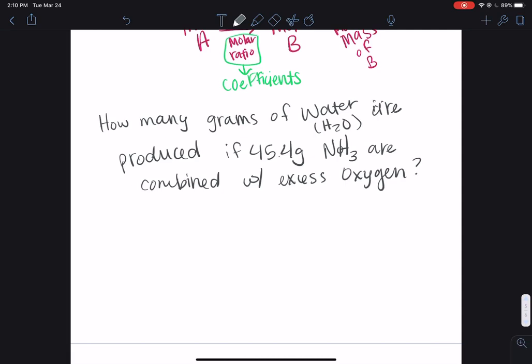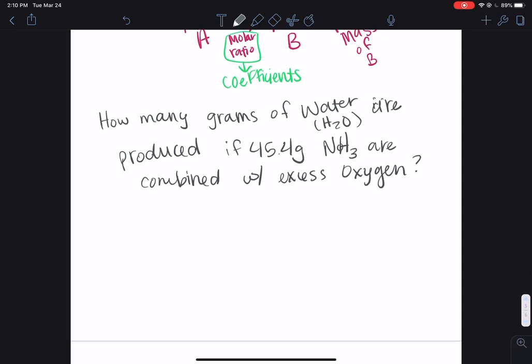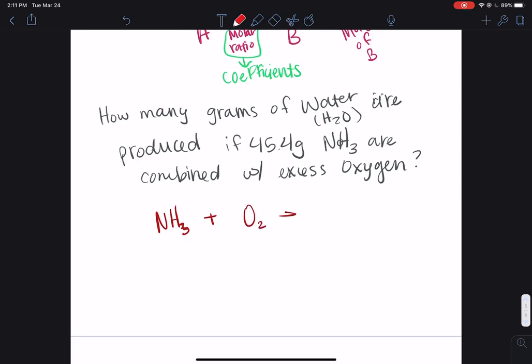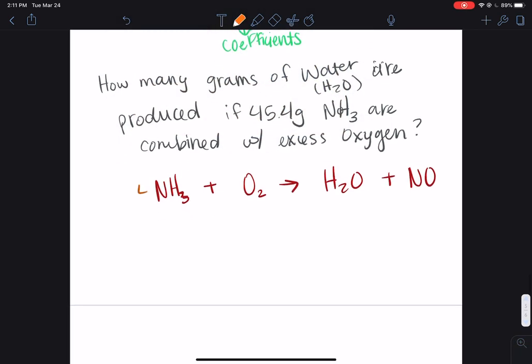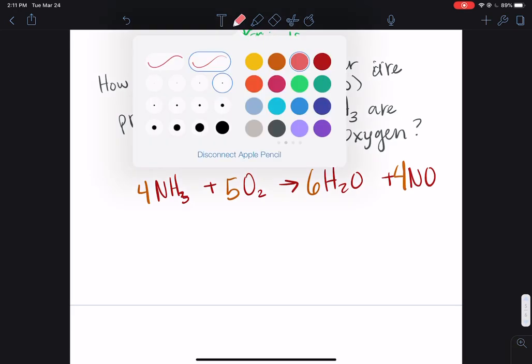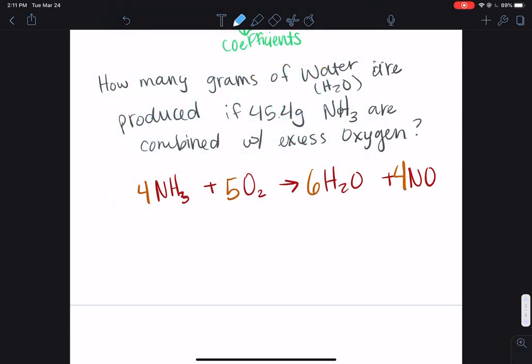Again, the phrase combined with excess oxygen is just to tell you that the equation we're using is NH3 plus oxygen, and then we get water plus nitric oxide. The coefficients are the same every time because it's just a balanced equation. So really, I am starting with 45.4 grams of ammonia, and I'm asking you how many grams of water you have.